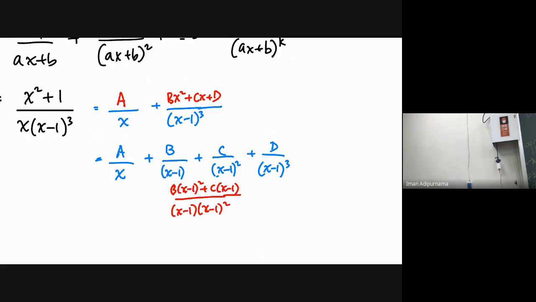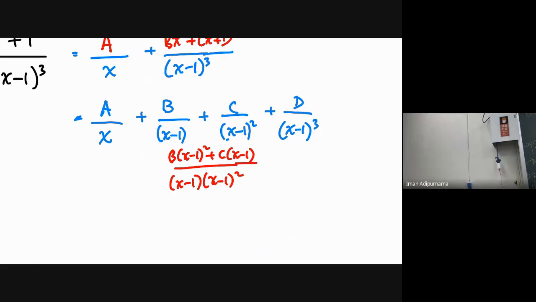So you get the idea why this will be repeated linear factors. You can prove that by yourself. That this is the a, b, c, d, and if you have repeated linear factors like x cubed or (x minus 1) cubed, then you can separate the cube into x minus 1, (x minus 1) squared, and (x minus 1) cubed.